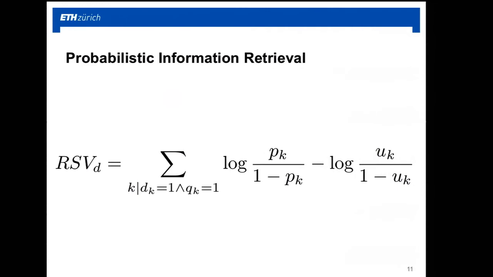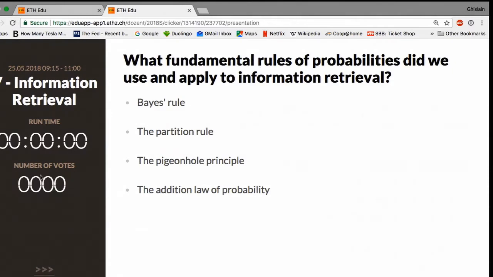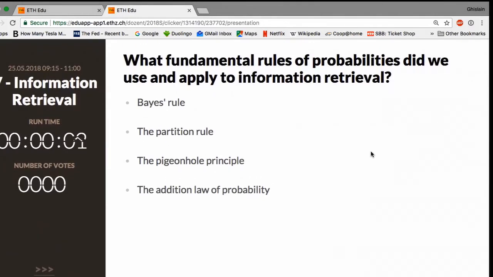So do you remember just how we arrived at this? If I come back here, what did we actually start with for probabilistic information retrieval? What rule did we use and write down in order to start deriving some fancy formula?